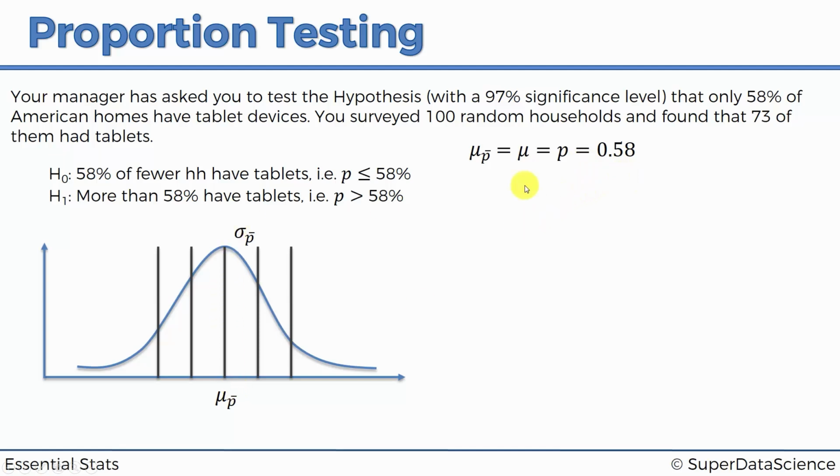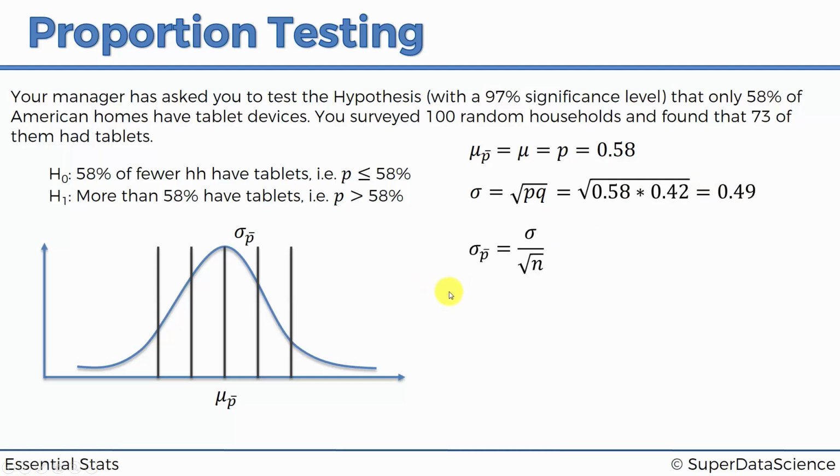That's from the central limit theorem. Then sigma, or standard deviation, is equal to square root of pq, so let's calculate that. And remember, here we need to take the population parameters, so the 58% that we are assuming is correct. So we're living in this universe, we think that this is correct, so we take 58% times 1 minus 58%, which is 42%, take the square root, and that gives us 0.49.